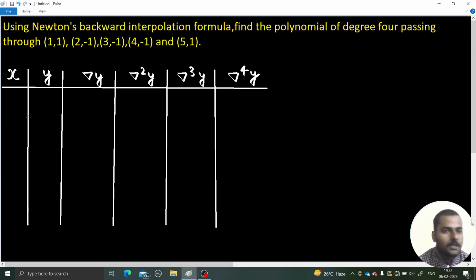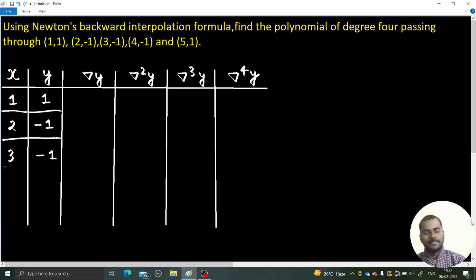So the first value of x which is given is 1. Corresponding to that, the value of y is 1. Second value of x is 2. Corresponding to that, the y value is -1. Third value is 3. Corresponding to that, y value is -1.